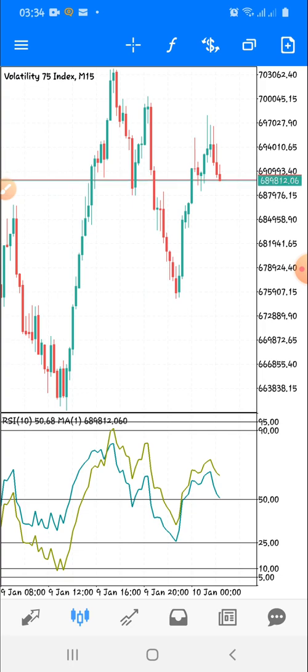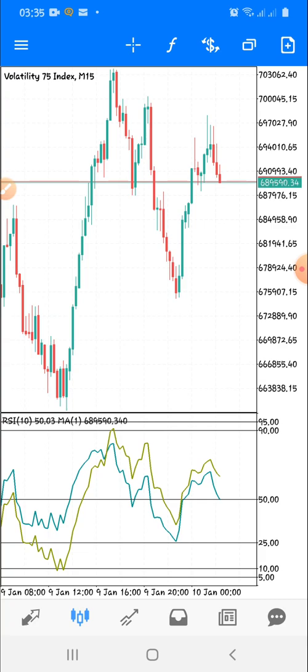At all instances, never attempt a sell when the RSI is above 50.